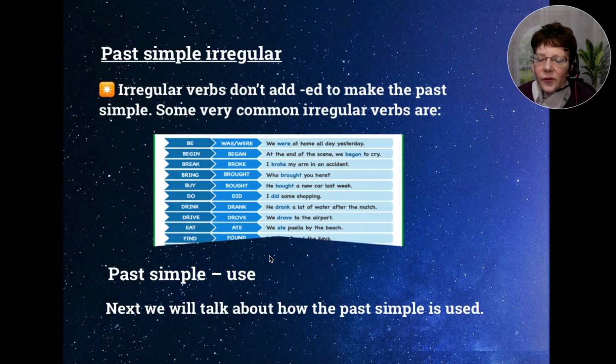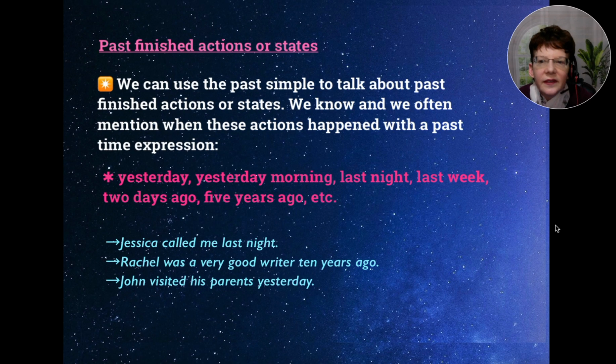All right, so let's talk about the use of past simple. Talk about how it's used here. All right, so we want to mention first it's for past finished actions or states. So we can use the past simple to talk about these past actions or states that are finished.